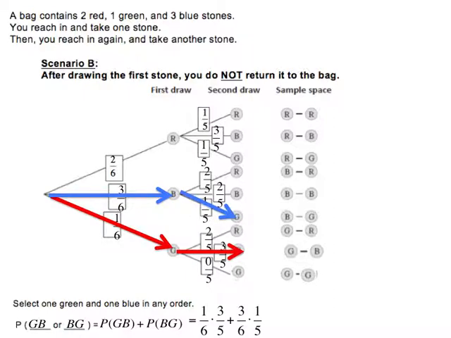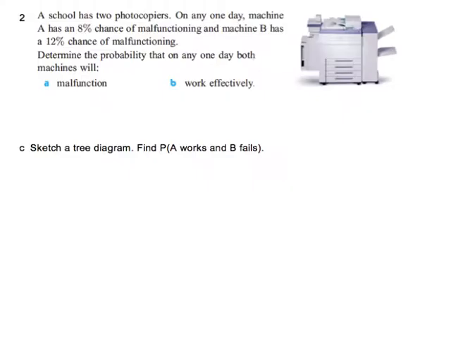So probabilities of those, you just multiply 1/6 times 3/5 for the green blue path and 3/6 times 1/5 for the blue green path, and you add those because it's an OR problem. 3 over 30 plus 3 over 30, 6 over 30 equals 1/5. Again, check your work, make sure you are good with that, and let's move on to the photocopier problem.